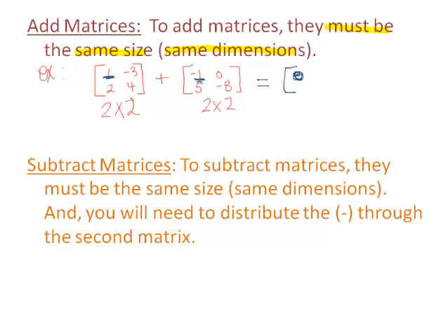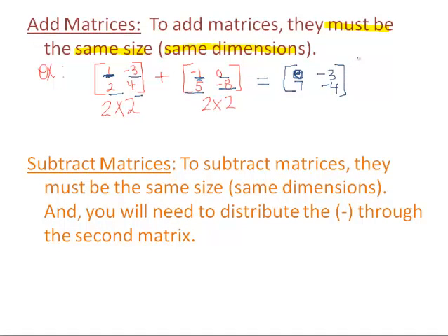Then we're going to do 2 plus 5, and that gives you 7, so that's going to go here. And then we have -3 plus 0, which gives us -3, so that goes in this position. And 4 plus -8 gives us -4, and that's going to go in this last position. So this is my matrix after they've been added together.